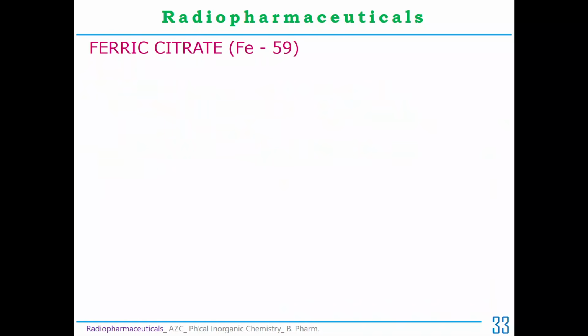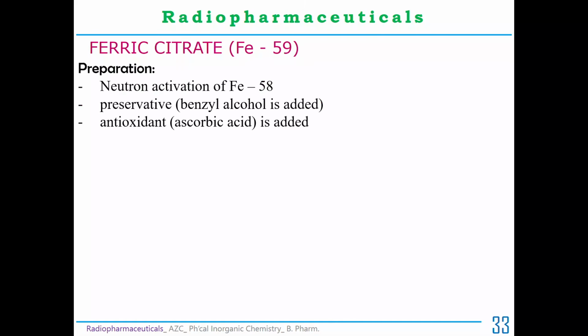Ferric citrate with radioactive iron 59. It is prepared by neutron activation of iron 58. Formulation contains preservative, benzyl alcohol is added, and antioxidant, ascorbic acid, is added.